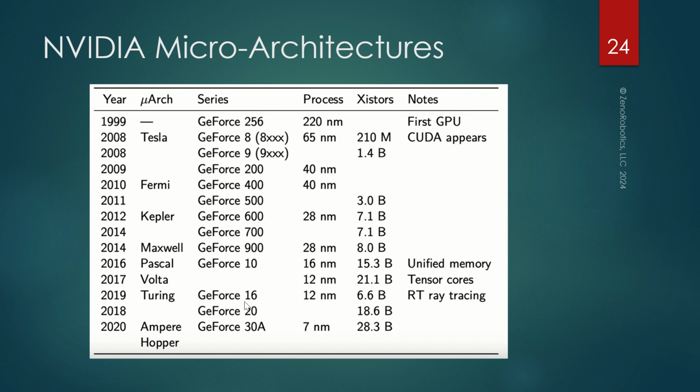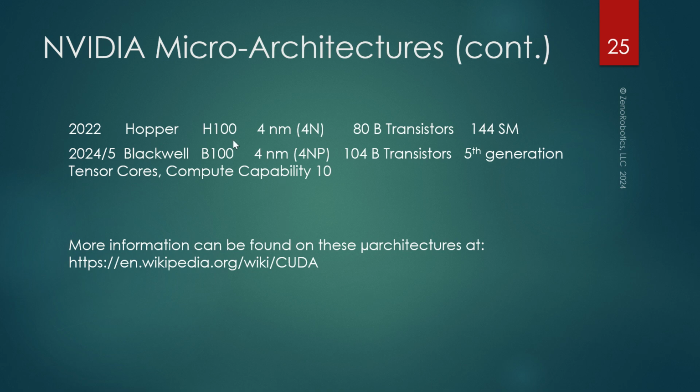Turing is no slouch for sure, and then the most recent is the Hopper, so that's the H100 with 80 billion transistors and 144 streaming multiprocessors, which relates to 144 blocks, and we'll go over that in a minute.